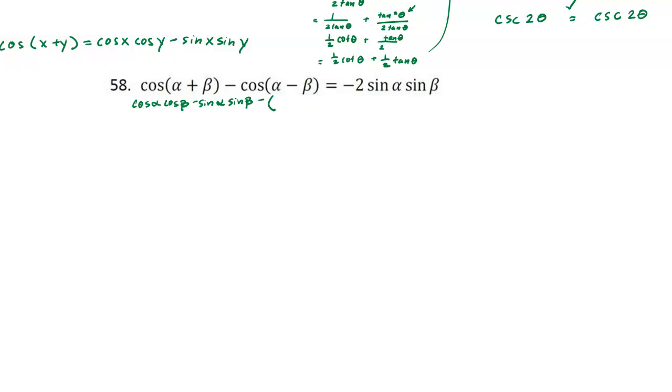Minus, put a parenthesis around it. You need to distribute that -1. If this whole problem is devoted to teaching you to distribute the negative sign, then that's it. Cosine of alpha, cosine of beta plus sine of alpha, sine of beta.